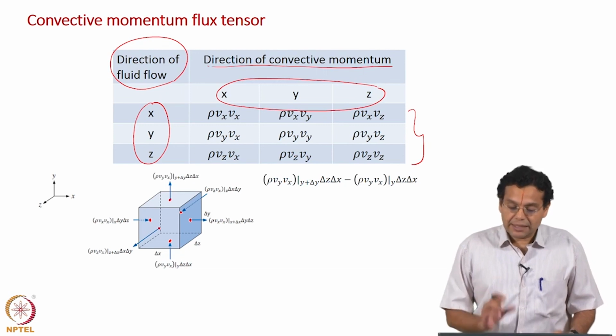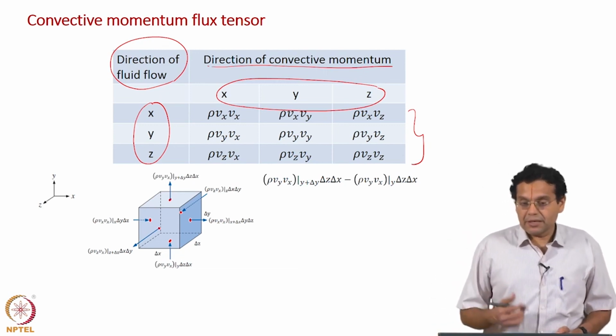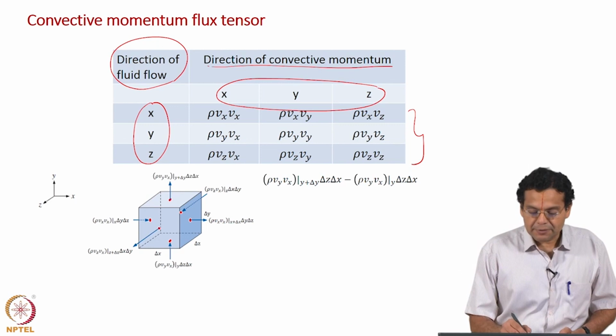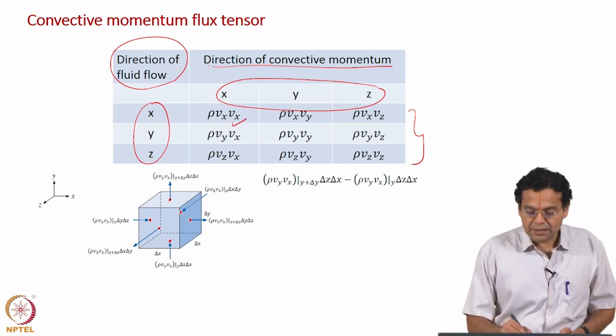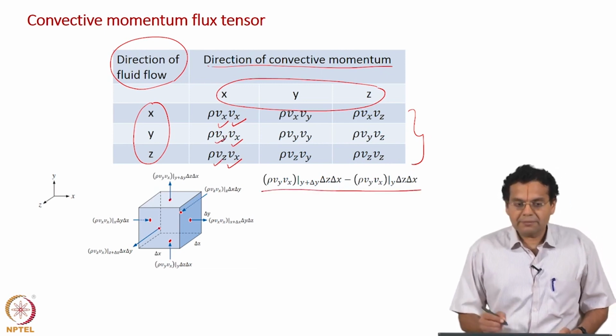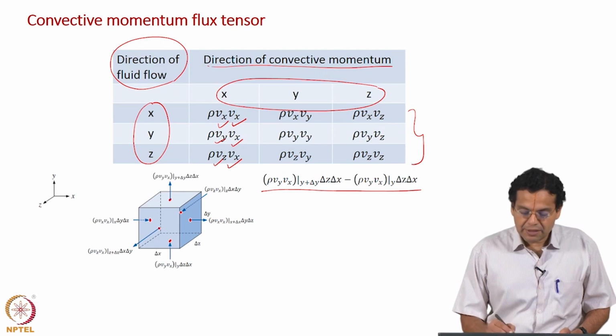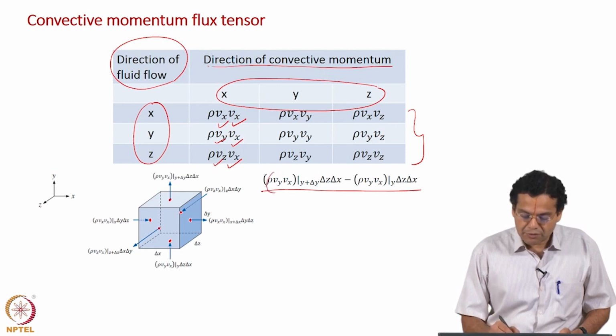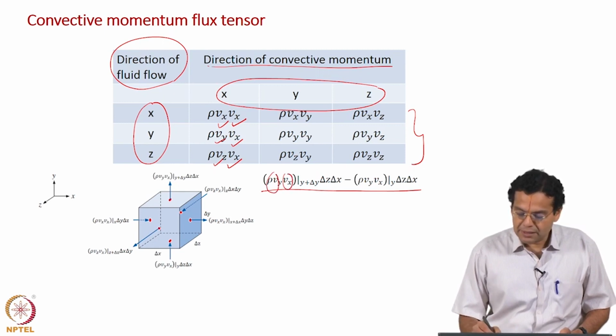And that is why when we discussed earlier, we were specific about which velocity should come second and which should come first, when we wrote the rate of momentum entering and leaving. We were very particular to write rho Vy into Vx, similarly rho Vy into Vx leaving and then entering.